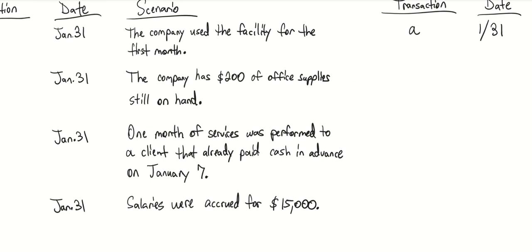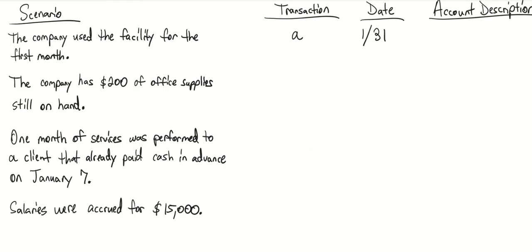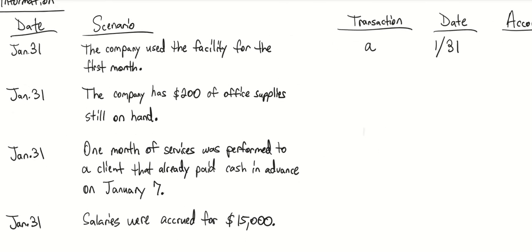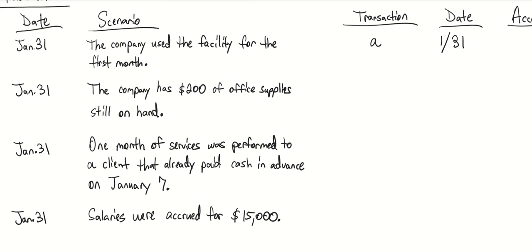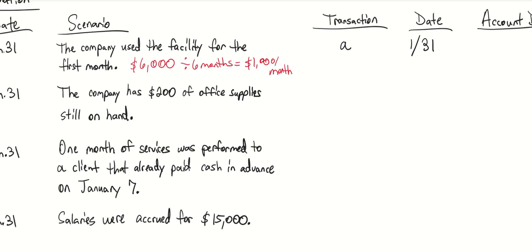So what we have to do is figure out what that monthly expense is going to be, by taking $6,000 and dividing it by 6 months. That's going to give us $1,000 per month that we'll need to expense from the prepaid rent account.